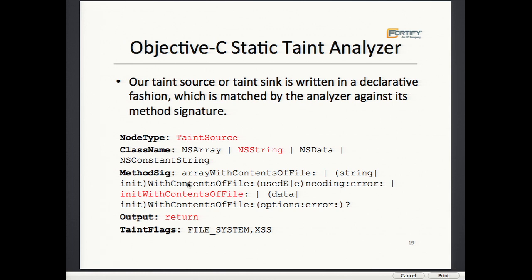by declaration. So this gives an example to show how we tell our analyzer which function is a taint source. Basically, this declaration says if there's a code pattern in your program that matches this function call, whose class name is NSString, whose method name is initWithContentsOfFile, and the value is a return value, if there's such a function call, we should mark a taint source at that location.